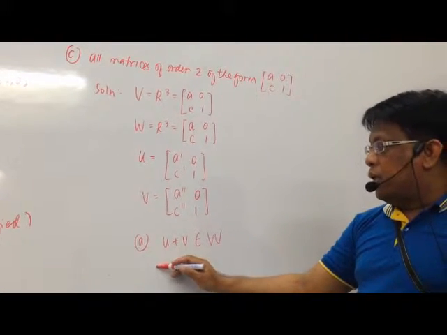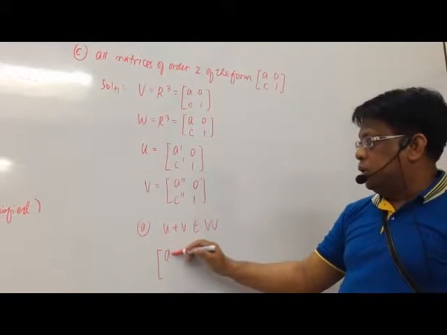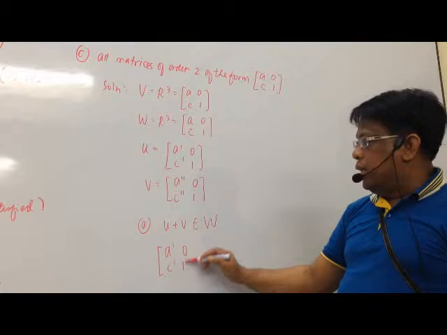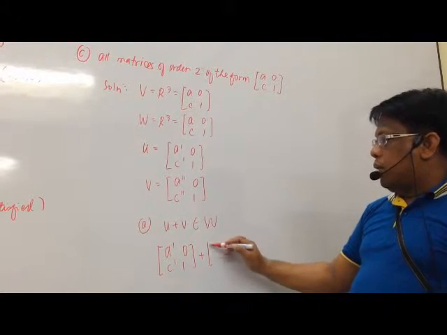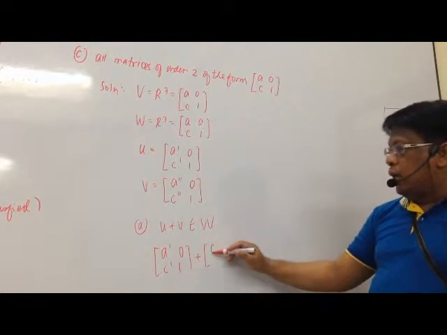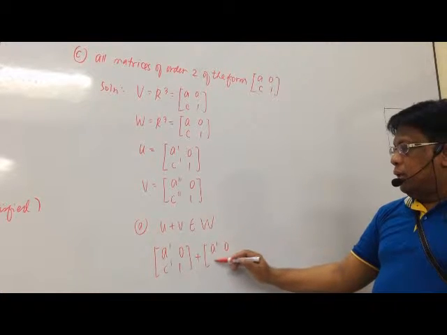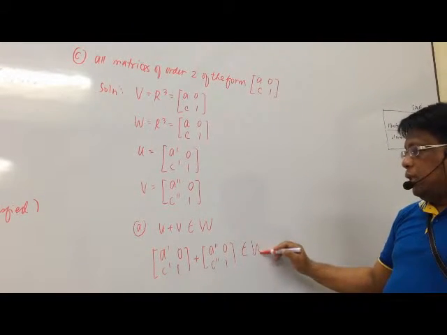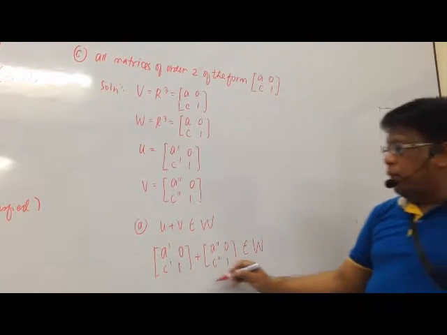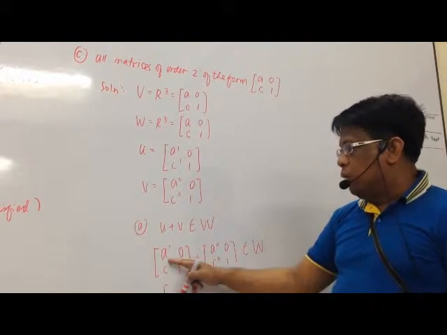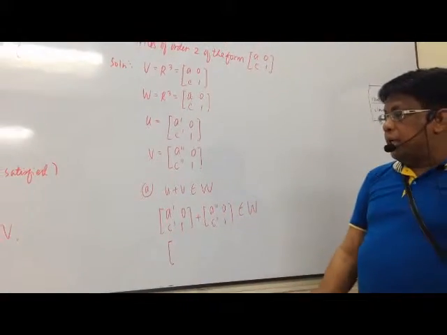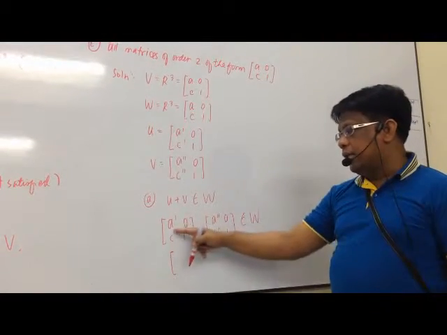What is your vector U, class? It is a 2 by 2 matrix with A prime, 0, C prime, and 1 as its components. What about vector V? We have A double prime, 0, C double prime, 1 as its components. Is it an element in W, class? So how do we perform addition here? Of course, we add the elements with regards to their respective positions.